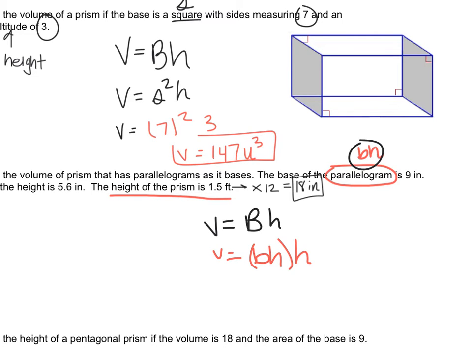So volume is equal to 9 times 5.6 times your height of 18. We type this into our calculator and we get 907.2 inches cubed.